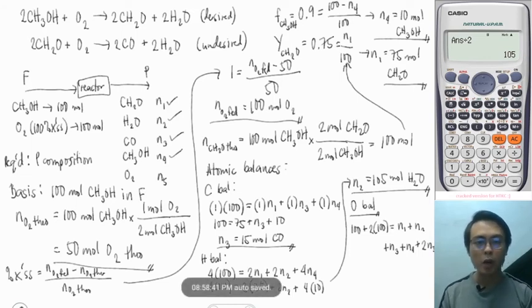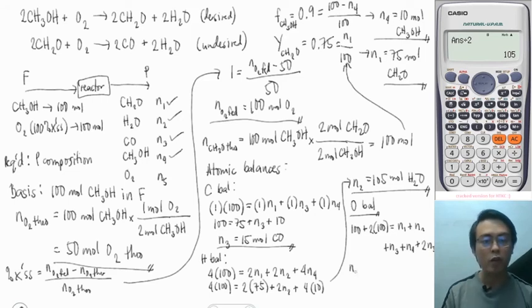So we now have the values of N1, N2, N3, and N4. The only unknown in this oxygen balance is N5. So if you substitute those values, we can solve for N5. So what do we have? We have 100 plus 200 minus N1. What's N1? 75. Minus N2. N2 is 105.